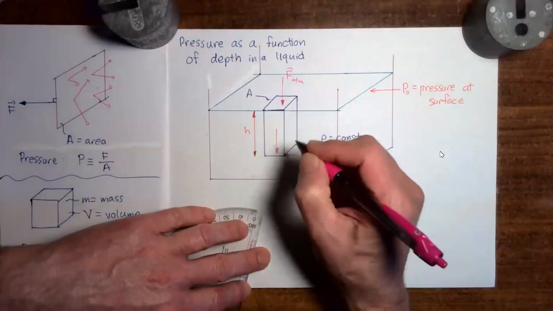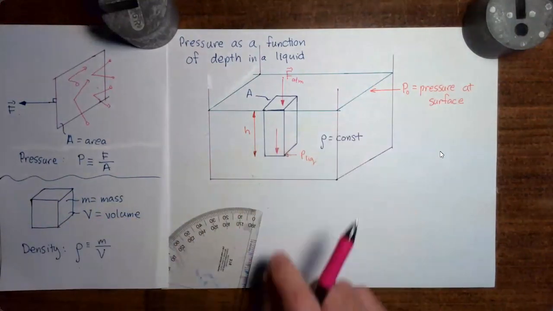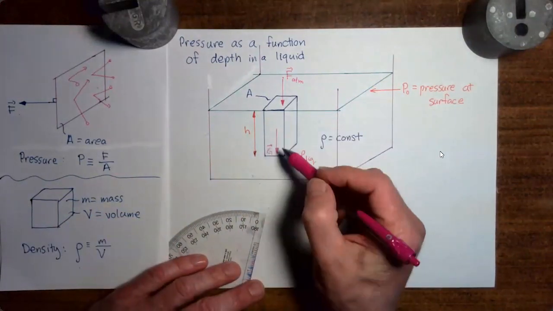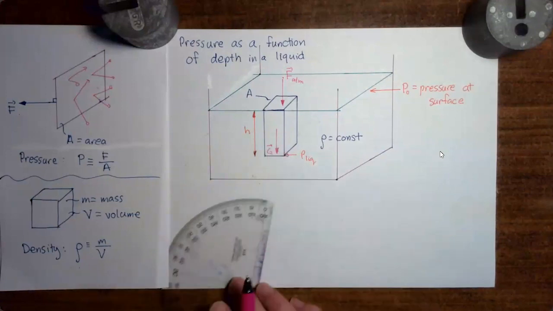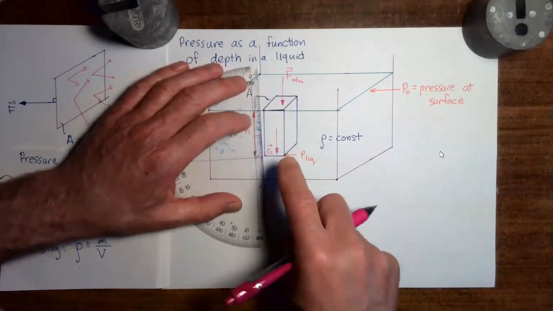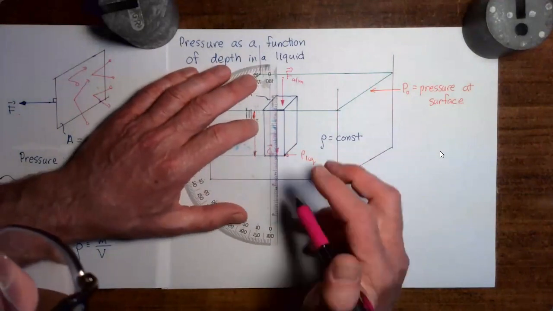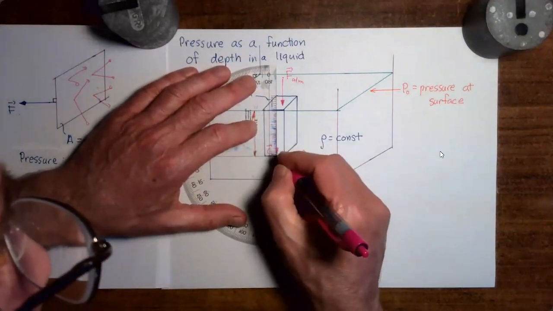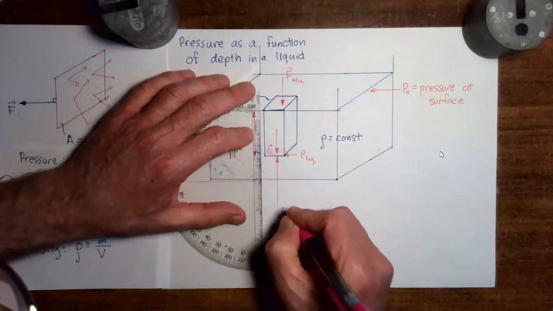Then you have the gravitational force, which is to say the Earth is pulling down on that liquid column. Let's just call that gravitational force G vector as usual. And then we have the liquid down here pushing up on that bottom surface of the column. Let's call that force there F liquid.